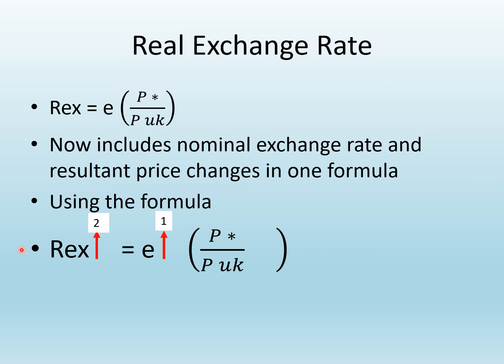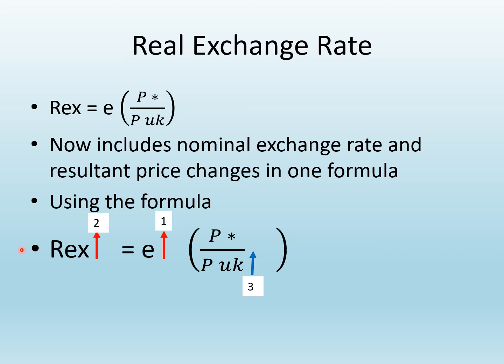So these things happen simultaneously. And number one, which causes a nominal depreciation, makes UK exports more competitive. And that's a depreciation in the real exchange rate, number two. But number one also causes price increases in the UK, which clearly makes the UK less competitive.